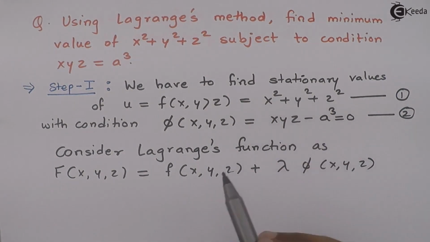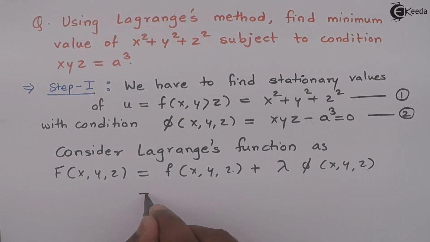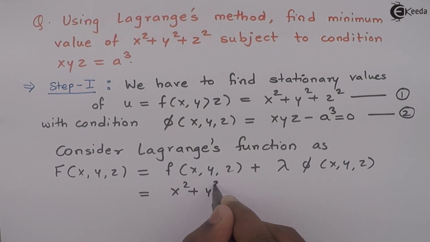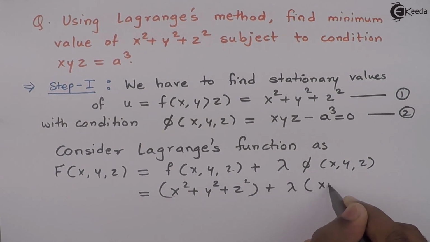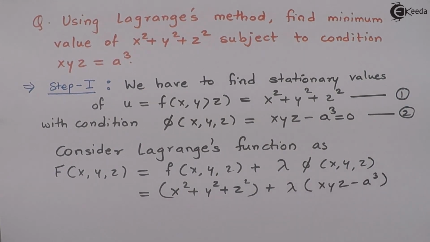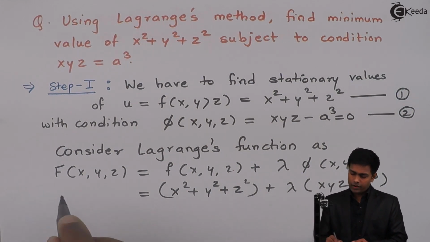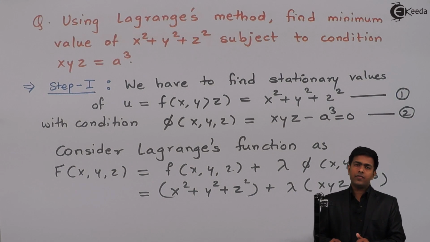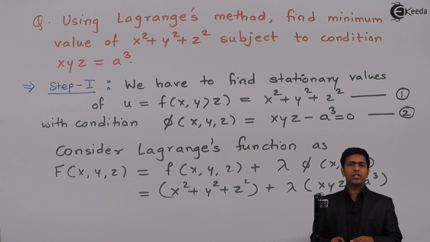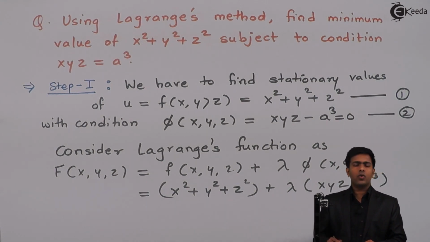So by substituting the values, we'll get the Lagrange's function: x squared plus y squared plus z squared plus lambda times xyz minus a cubed. Now from this we'll find the value of dF, and then we'll equate that dF equal to 0 to get equation number 3, and by solving equations 1, 2 and 3 we can get the stationary value, that is the value of x, y and z.